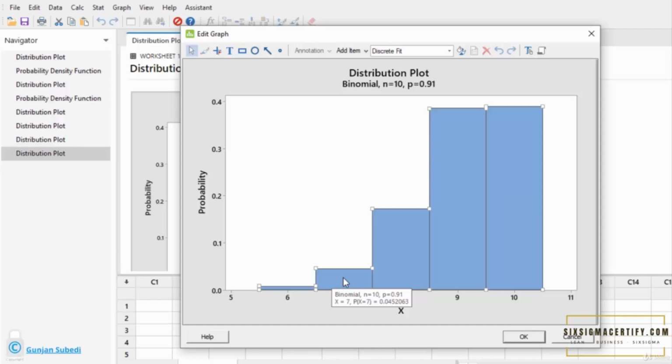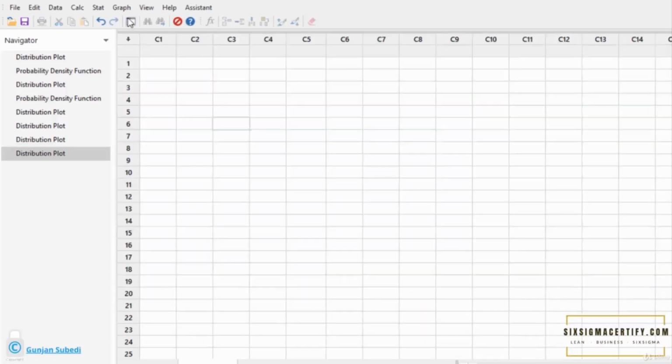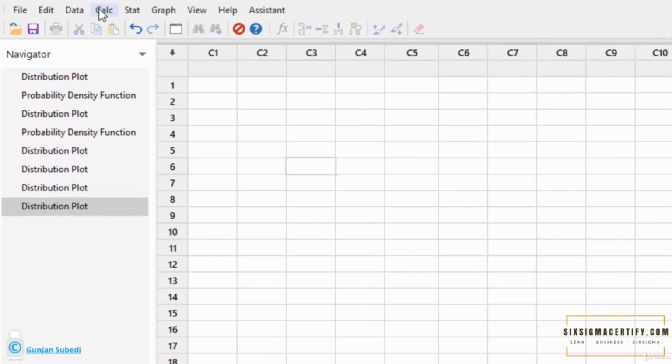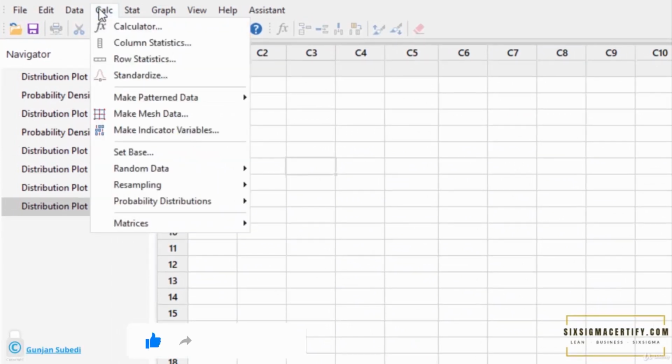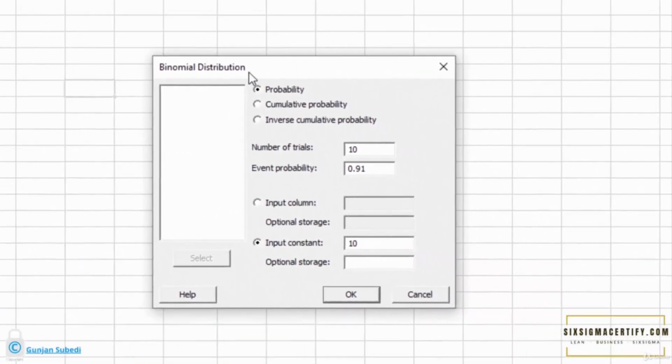Now I want to show you another method of finding the binomial distribution. Here the binomial probability for landing of 7 planes in time was 0.045. Let us see another method. I will use the calculator this time. So I go to the Calc and I go to the probability distribution, click the binomial distribution. I'm choosing probability for 10 number of trials.